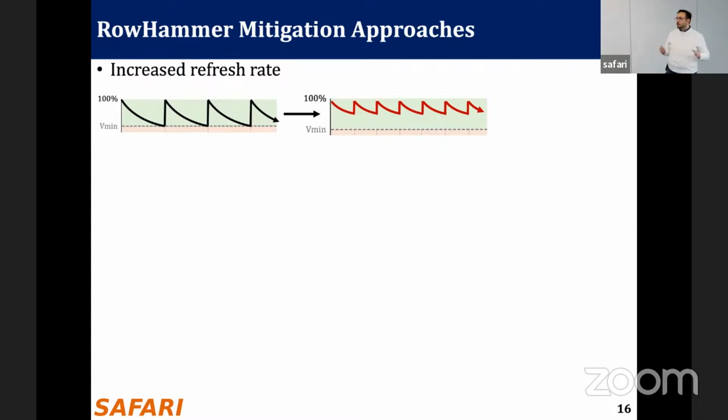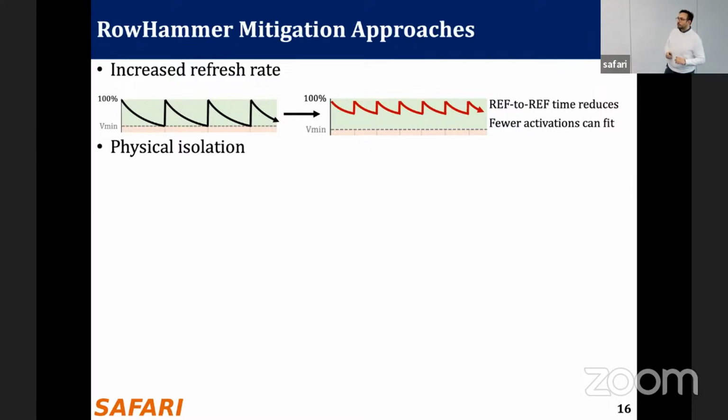Basically, you increase the refresh rate for all the rows in a DRAM chip so that they refresh more frequently and the attacker doesn't have enough time to hammer these rows enough to induce bitflips. With scaling, we need to reduce the time between two refreshes, and fewer activations can fit in this window.